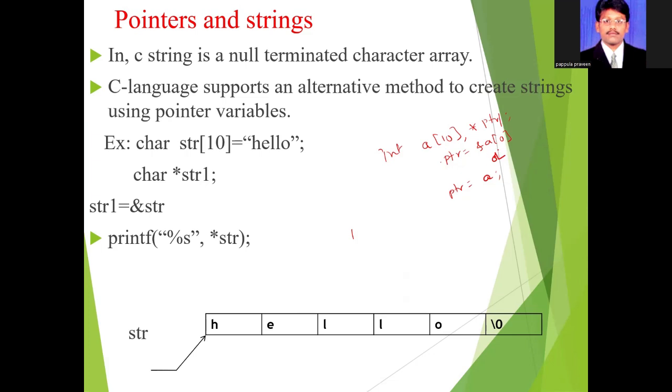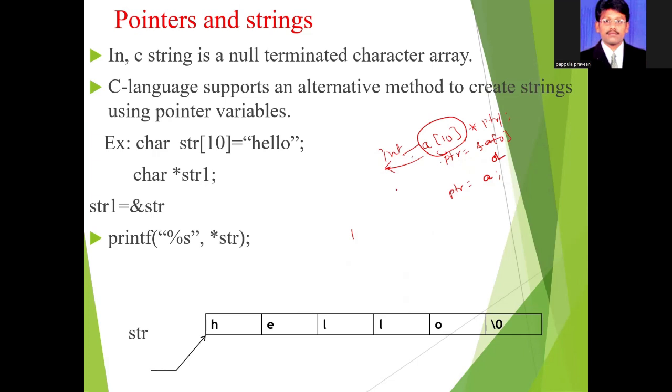So ampersand a of 0 means the first address, the base address, is assigned to the pointer. Either you use the first notation or the second notation. As well, int a of 10 allows 10 integers.